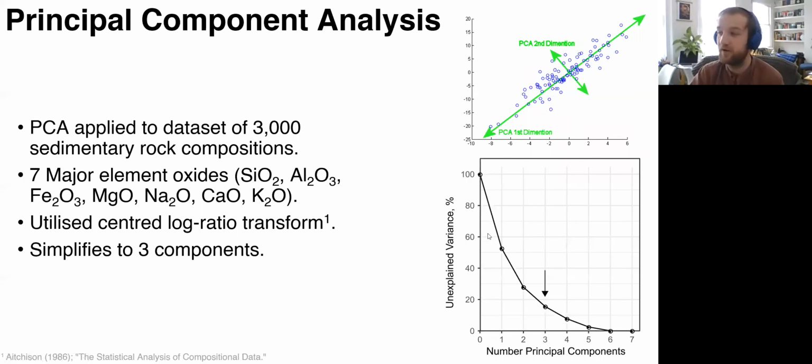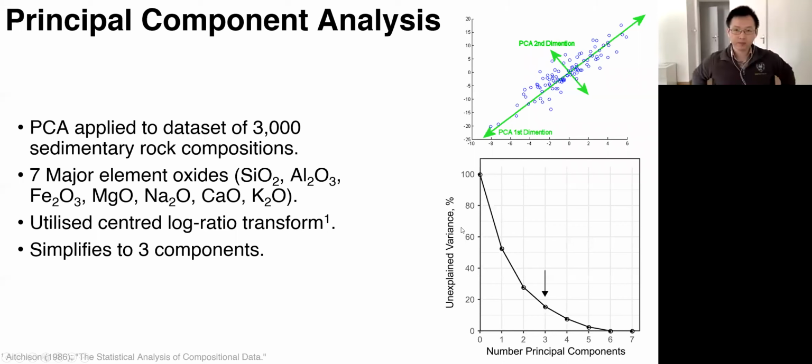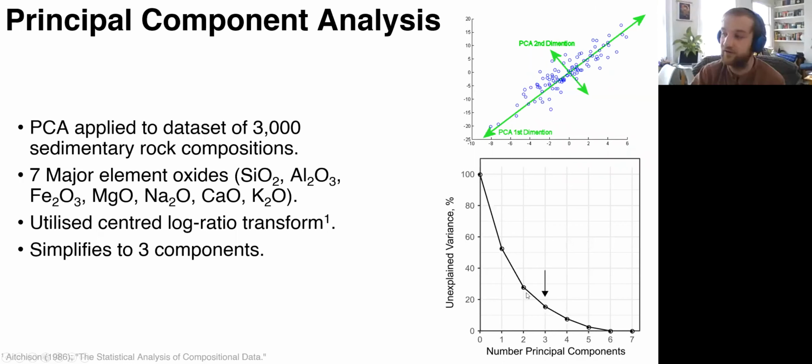So the first component explains the most variance, and subsequent directions will have less variance. This figure here shows the amount of variance explained on each principal component, depending on the number we choose. As you'd expect, if we choose all 7, we explain all of the variance, but at that point we haven't done anything because we've kept the same number of dimensions.